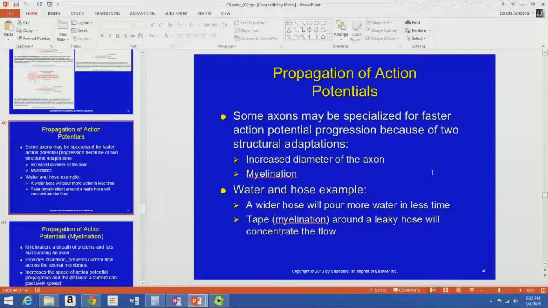And so a larger diameter axon is going to propagate action potentials faster. They compare the myelination to tape around a leaky hose, concentrating the flow of water. So if you have those myelin sections, it lets the electrical charge propagate without leaking out, if that makes any sense.